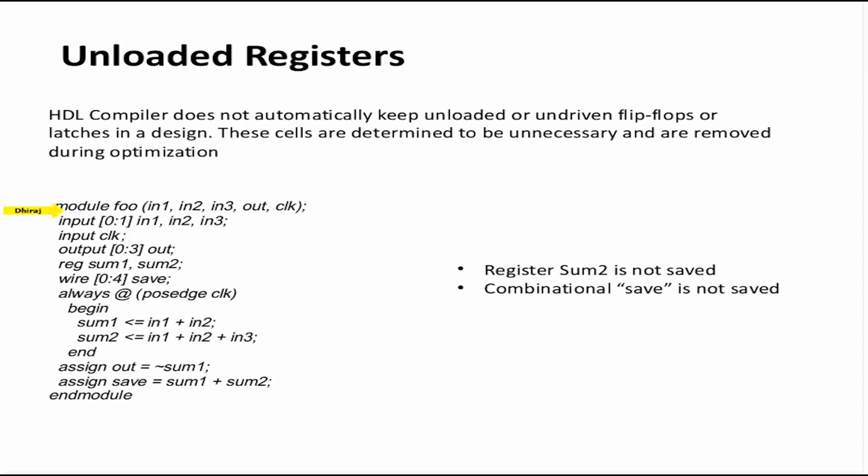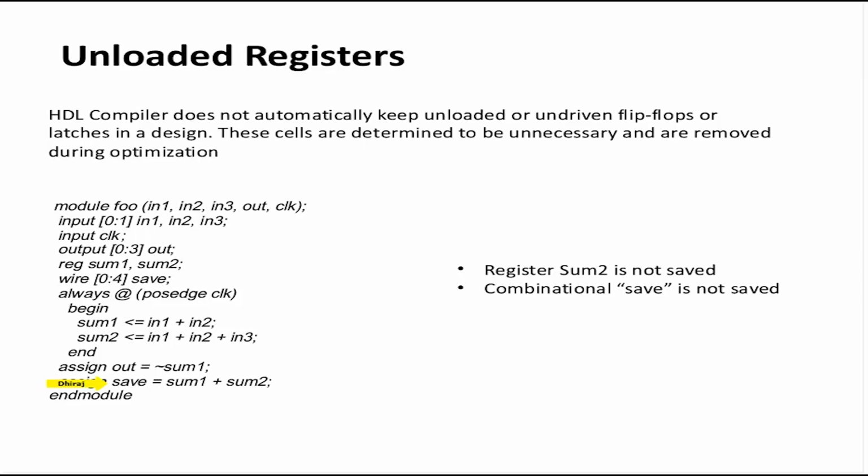So now the compiler, DC, knows that save is not used, and sum2, which is used to generate save, is also not used. Although sum2 is registered as a valid flip-flop, the output of this flip-flop goes to a wire, and that wire is hanging. That wire is not connecting to anything.